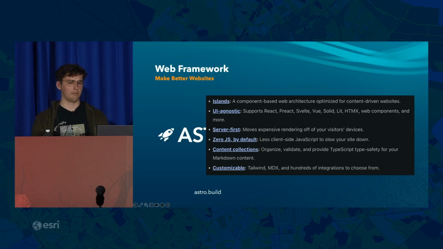But if you're making something like a blog or maybe documentation, Astro just provides a really nice framework for getting started with that kind of thing. So it also just has a bunch of integrations that make it very easy to integrate tools you're probably already using automatically, which is very nice. So definitely something worth checking out.